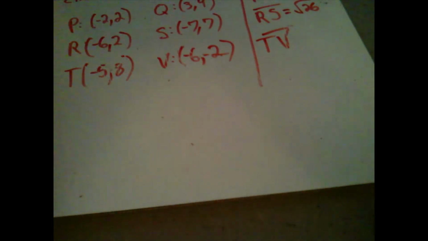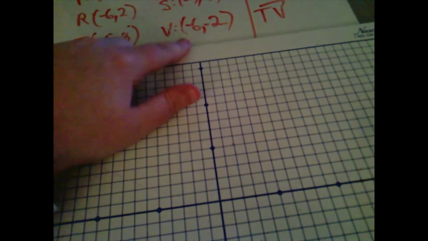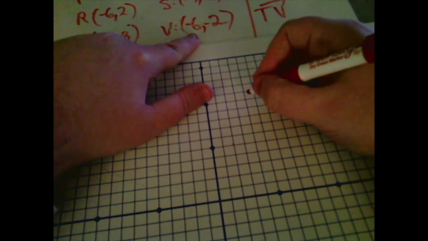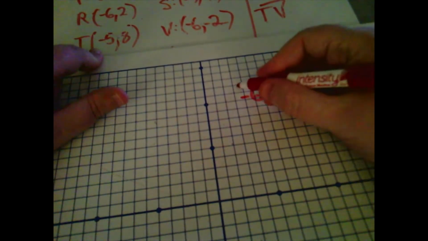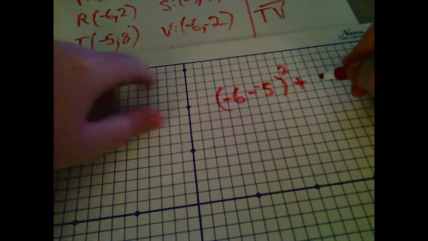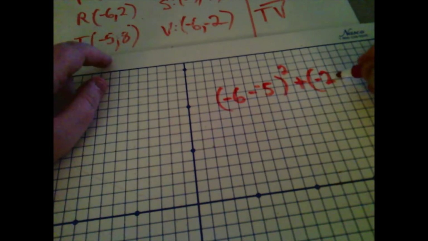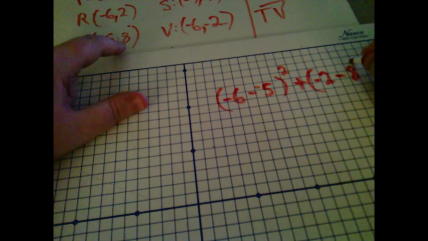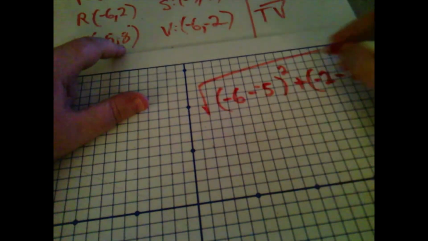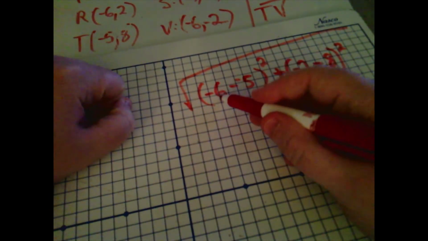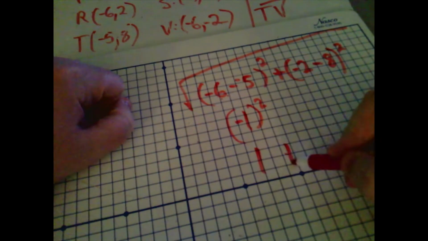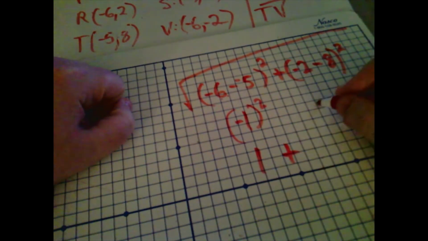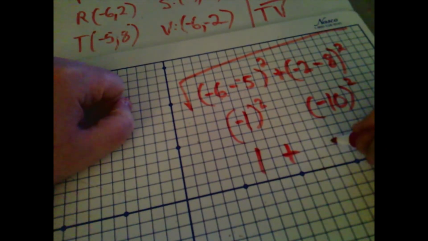Let's finish this up. Let's find out what the distance between T and V is using our distance formula. x sub 2 is -6 minus x sub 1, which is -5, squared, plus y sub 2, -2, minus y sub 1, 8, squared, taking the square root of that whole thing. -6 minus -5 is -6 plus 5, which is -1. -1 squared is 1. -2 minus 8 is -10. -10 squared is 100.